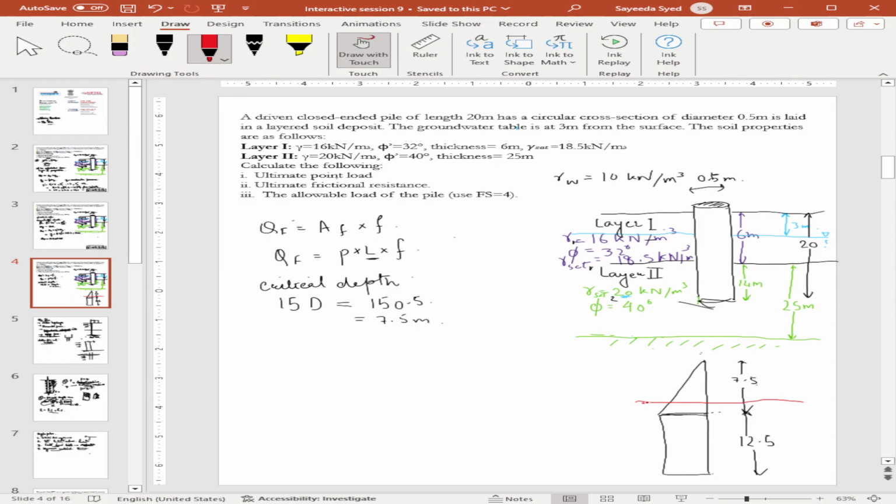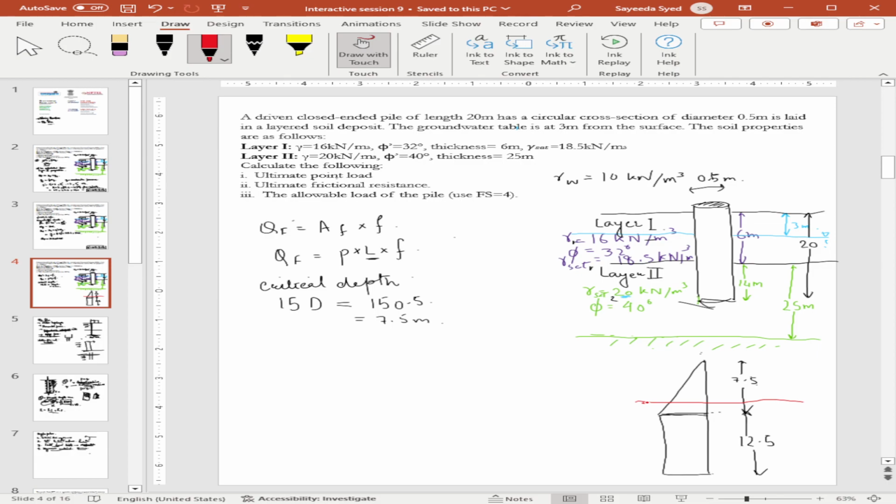So we are calculating the normal force on the sides of the pile, which is basically the lateral force in the soil, normal to the direction of motion of the pile. The pile is supposed to go like this, and normal to this we have this lateral force. Multiplied by tan delta, we get the frictional force.